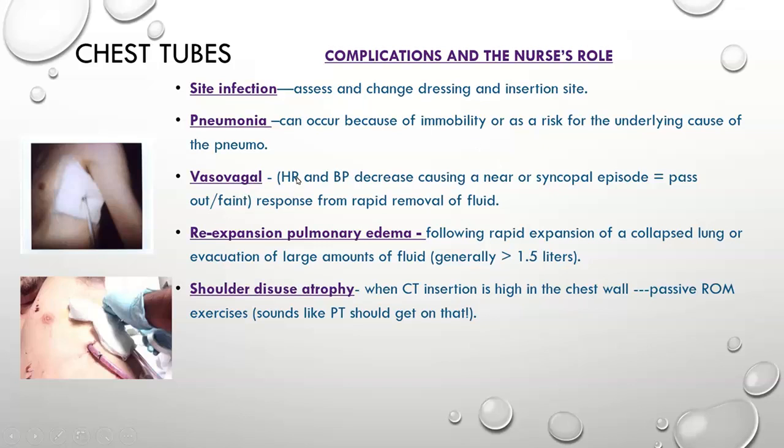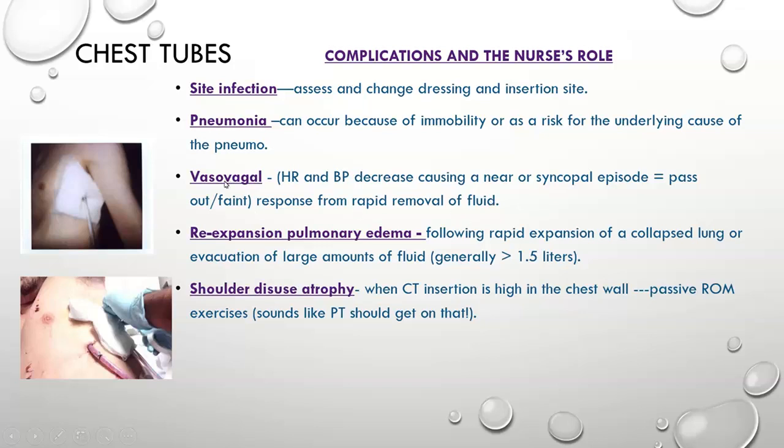Vasovagal means that something has caused the vagal nerve to be stimulated, and this can cause a sudden drop in the heart rate and blood pressure. Patients can actually faint or have a syncopal episode or pass out, or they can almost feel like they're going to. And this vasovagal response can occur because of the rapid removal of the intrapleural fluid.